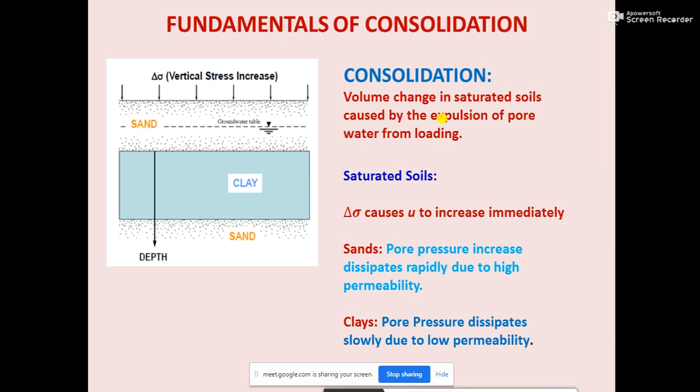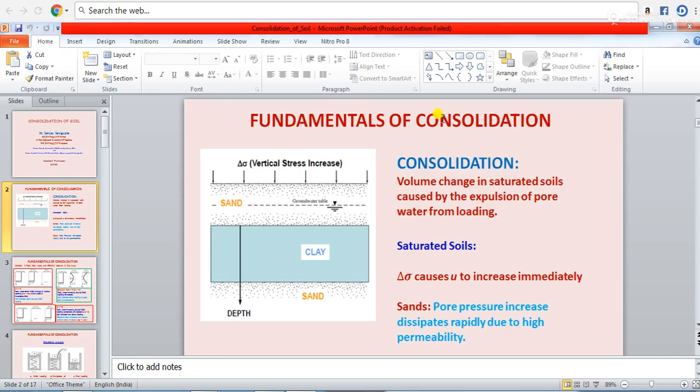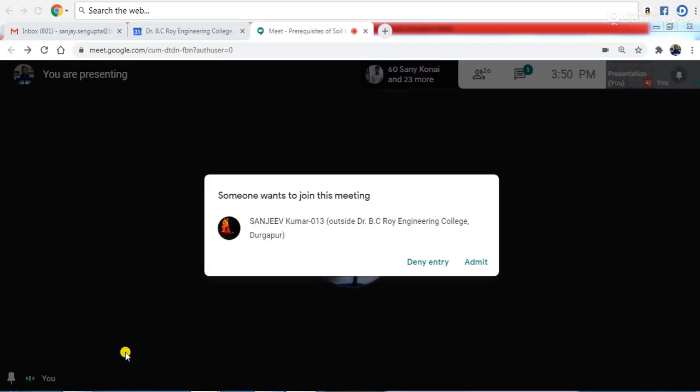And as soon as the change in volume happens, the height of the soil specimen or the soil mass, whatever you are considering, will gradually decrease. This gradual decrease of height of the soil mass because of the expulsion of pore water under some sustained loading, meaning the external loading coming onto the soil mass, that phenomenon is called consolidation. Okay, have you understood?